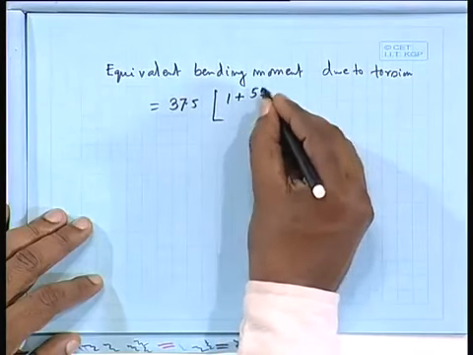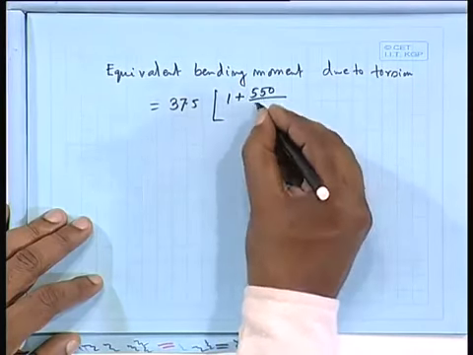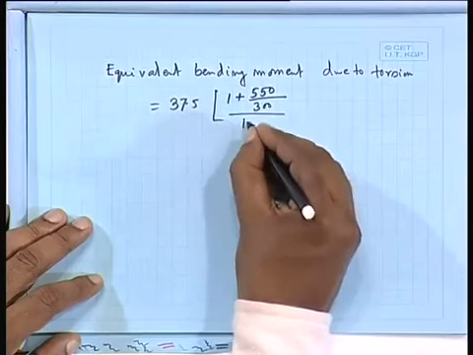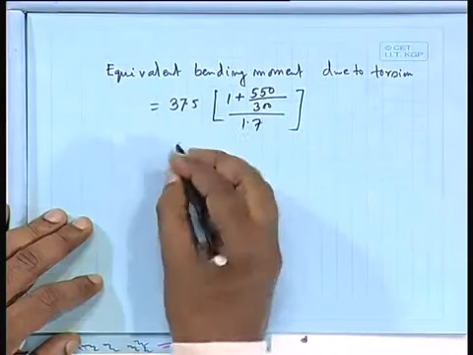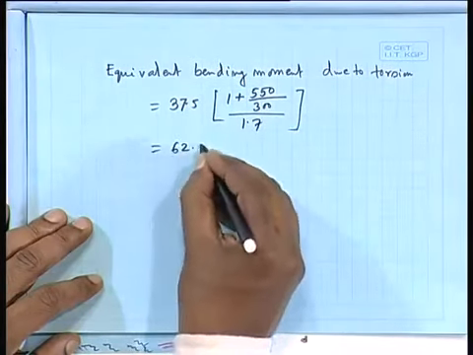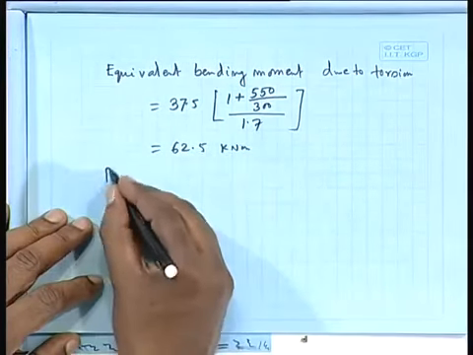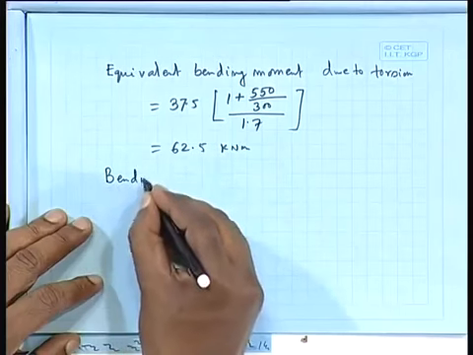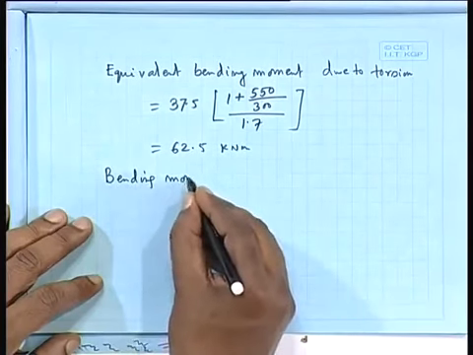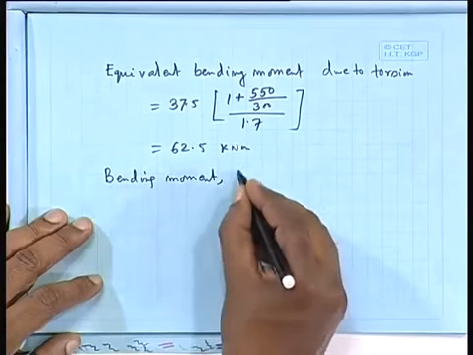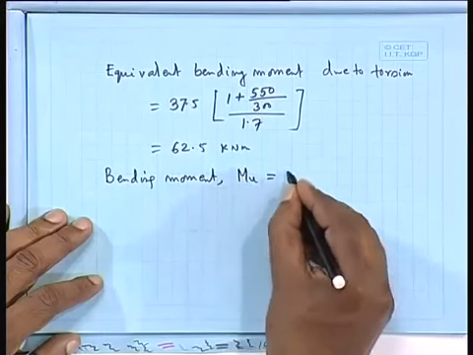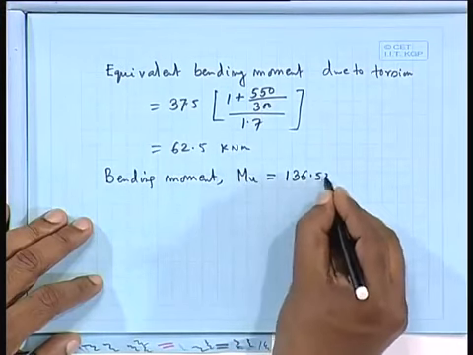So this is overall depth by width divided by 1.7 as per the codal provision, 62.5, and bending moment due to the applied load, that is your MU, that is 136.52 kilonewton meter.